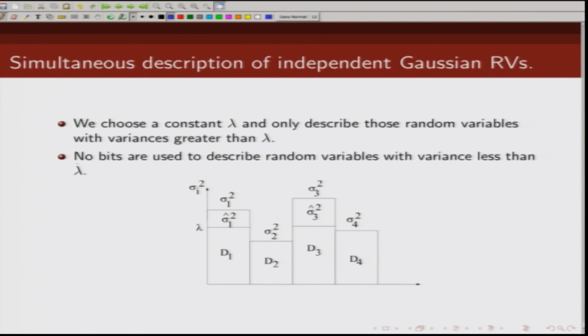We do not use any bits to describe those random variables whose variance is less than lambda. So let us say this is x1, x2, x3, x4, and these are the distortions d1, d2, d3, d4. We fix our lambda. So this is my lambda.